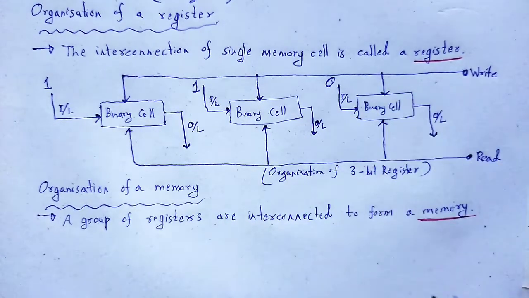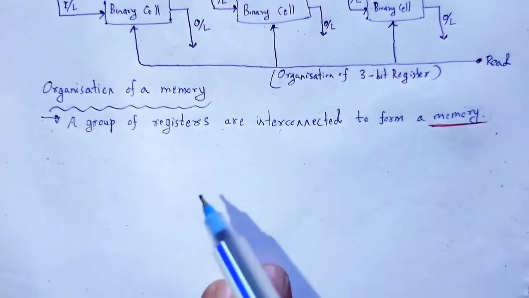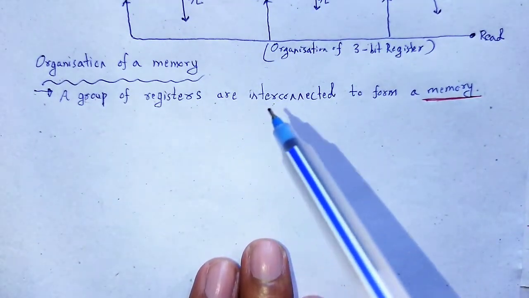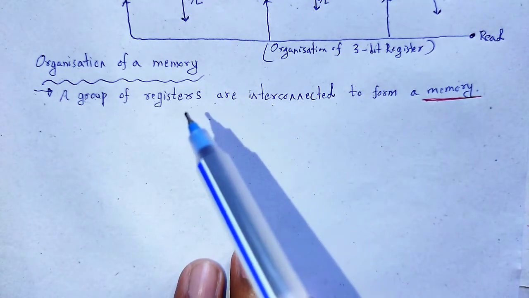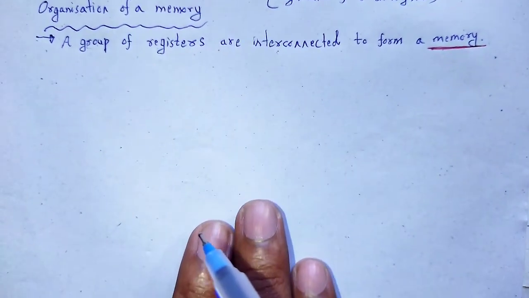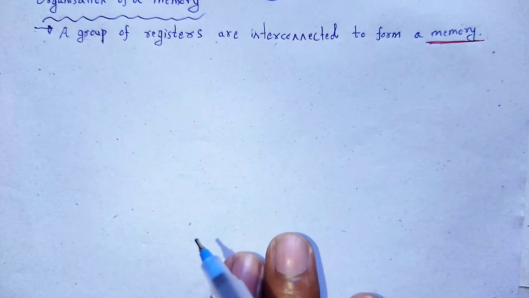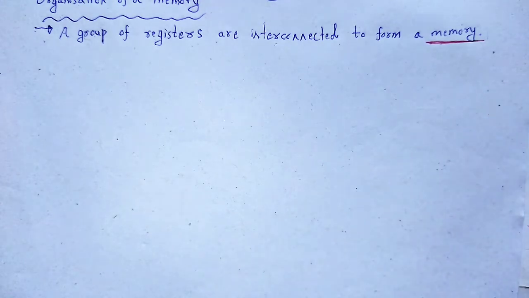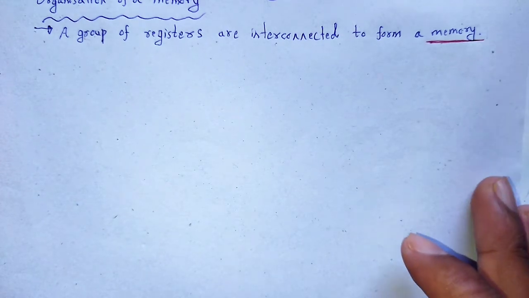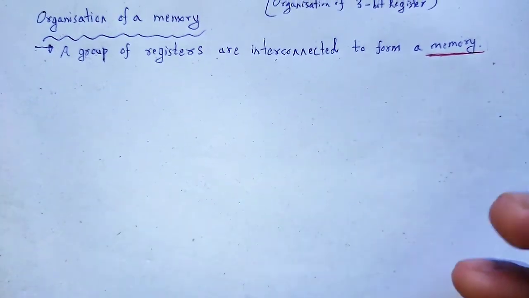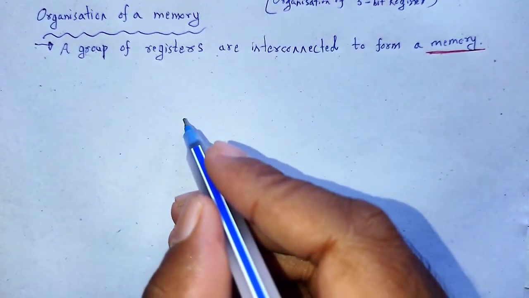Next, the overall memory is the interconnection of registers. Now we have to take a 3-bit per word memory into consideration. So, how is that organized?